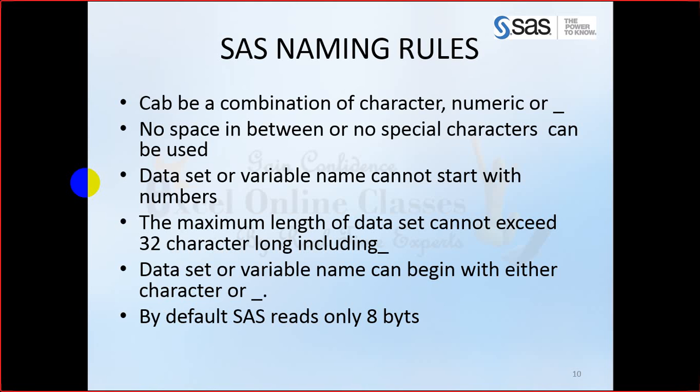No space in between, and no special characters are allowed. A dataset or variable name cannot start with numbers. The maximum length cannot exceed 32 characters. It can begin with either a letter or underscore. The only special character we can use is underscore. By default, SAS reads only 8 bytes.